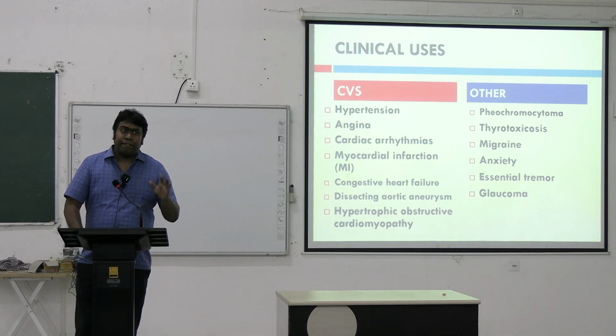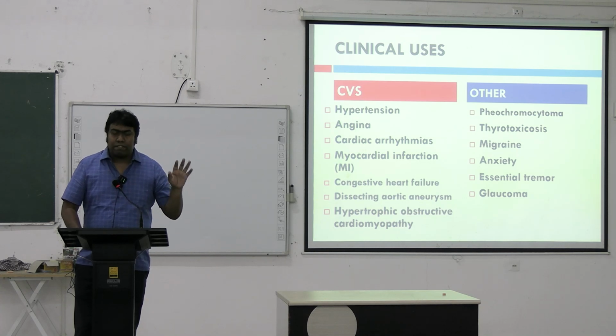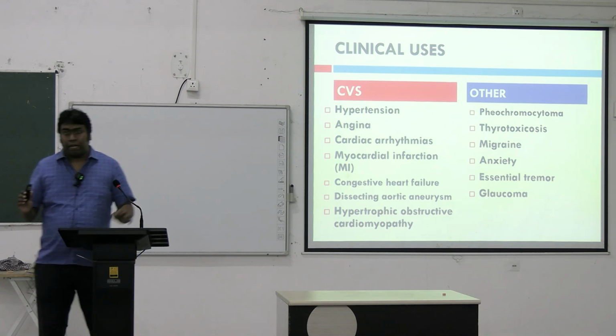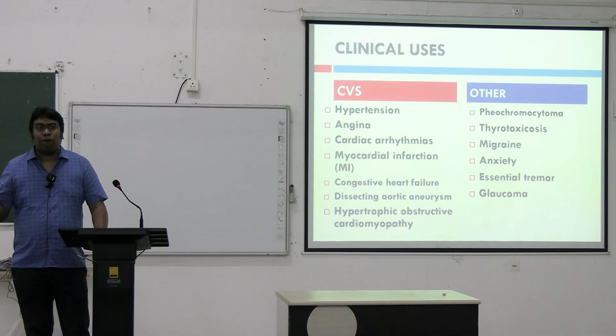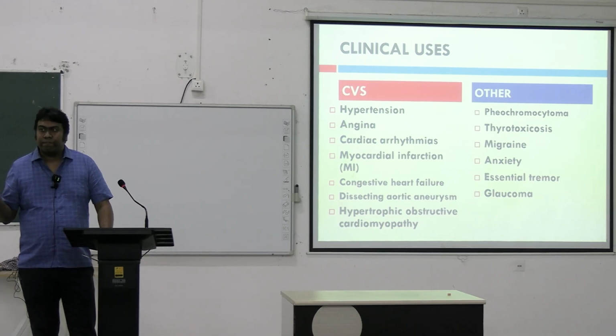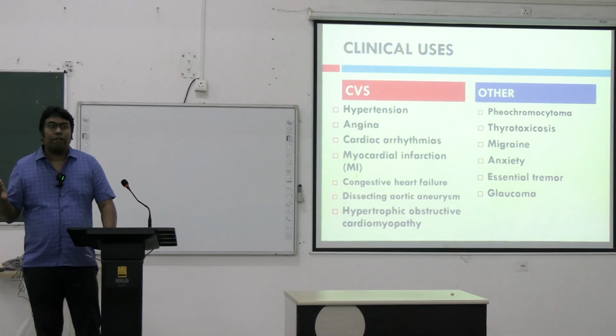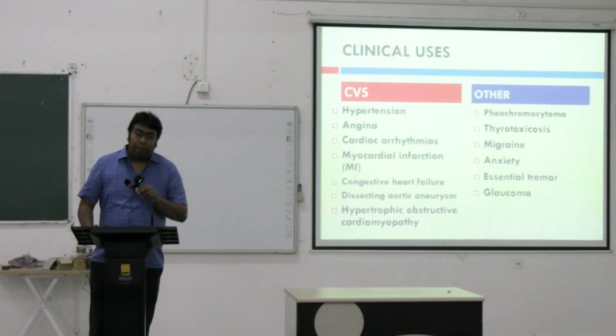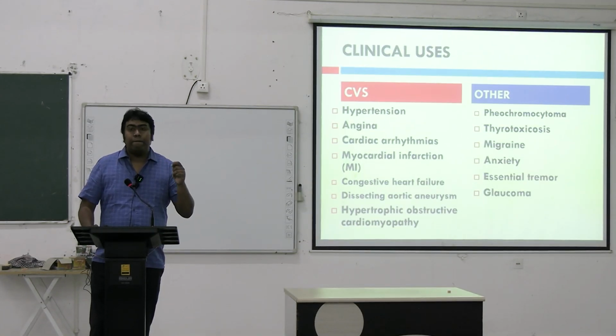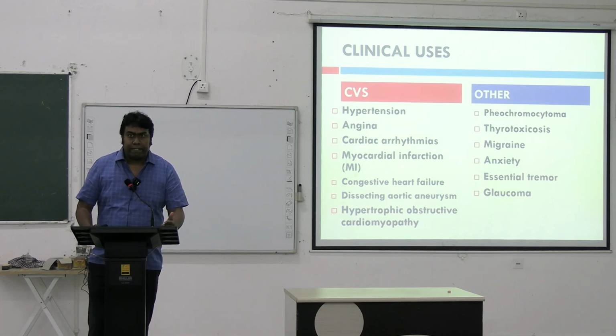So what happens? All this adrenaline and noradrenaline goes and stimulates the alpha receptors, especially alpha 1. Where is it present? Alpha 1, blood vessels. So if it stimulates alpha 1 in blood vessels, what is the resultant effect?